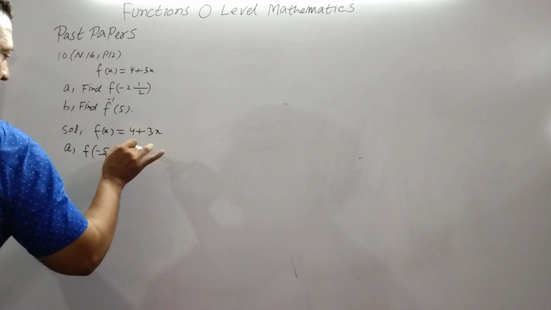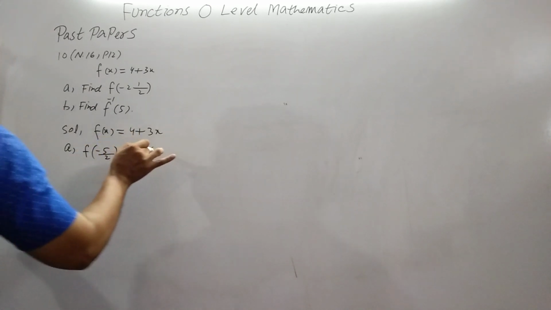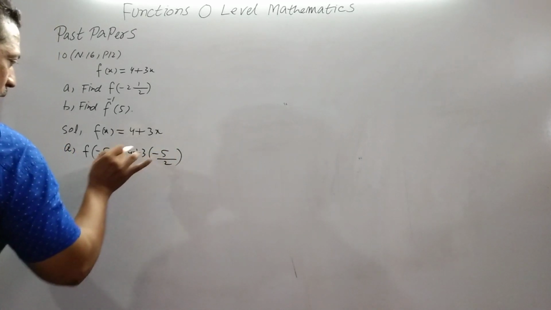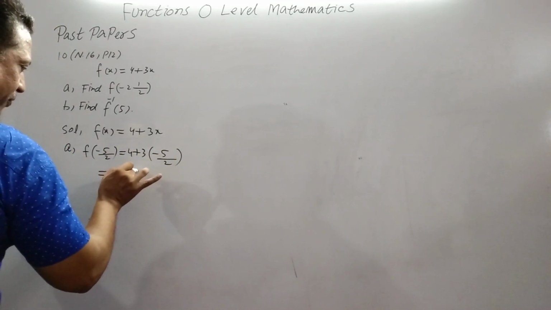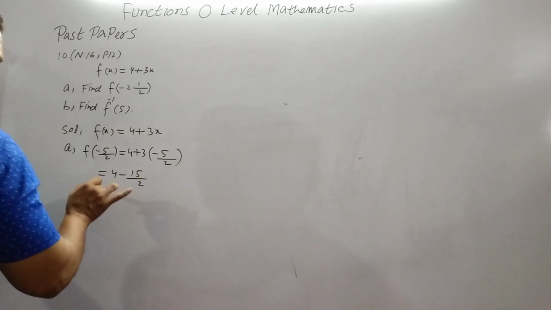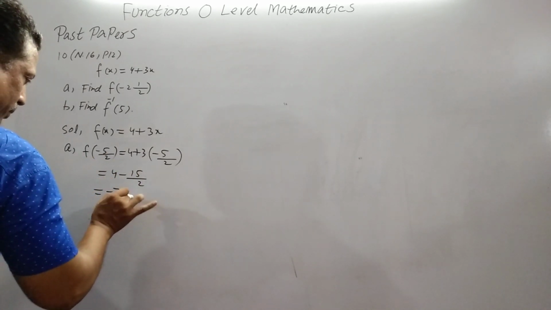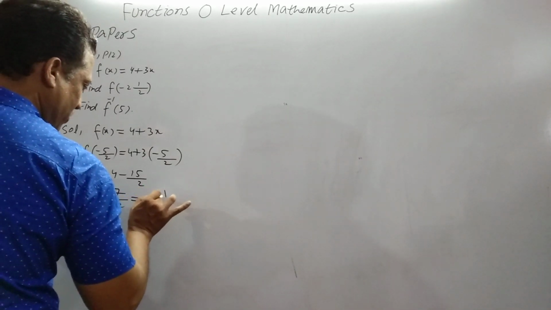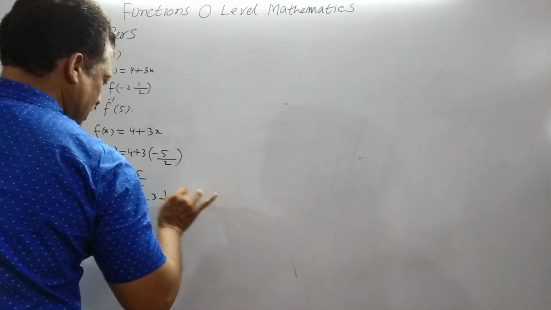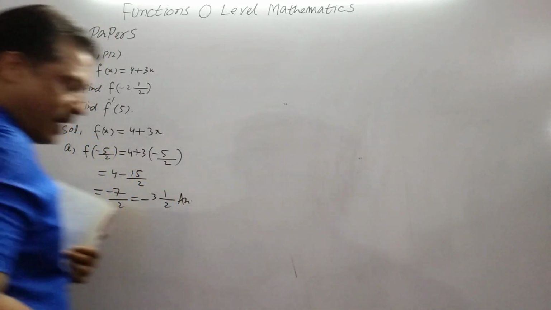So 4 plus 3 into x, x is minus 5 over 2. Plus minus minus 3 fives are 15 over 2. 2 fours are 8, 8 minus 15 is minus 7 upon 2, or you can write minus 3 whole 1 upon 2. This is the answer.